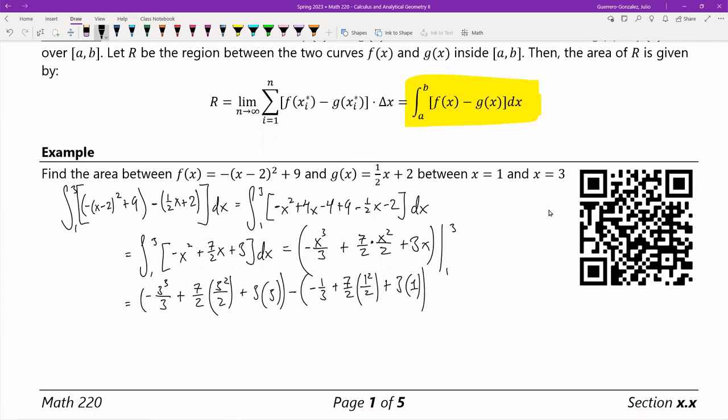And if you do so, you should get, and I'm going to heavily reduce this a little bit, minus 9 plus 63 over 4 plus 9 plus 1/3 minus 7 over 4 minus 3.